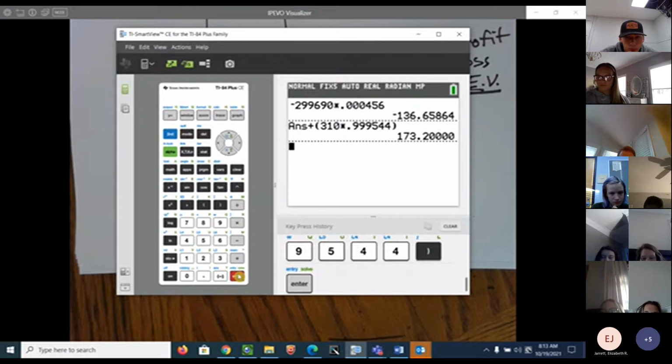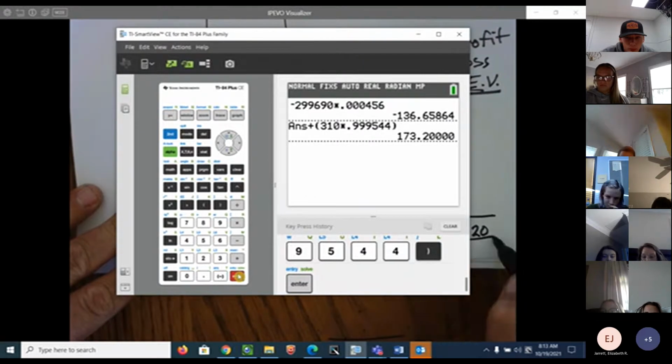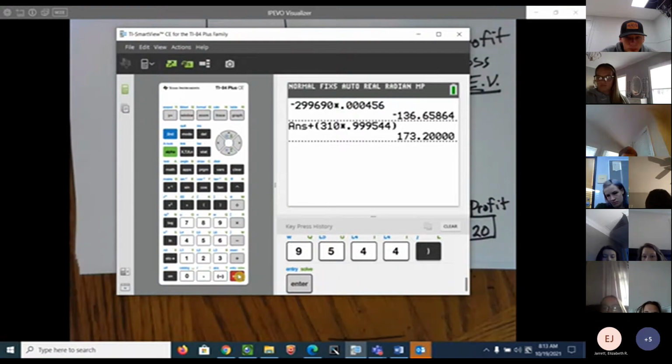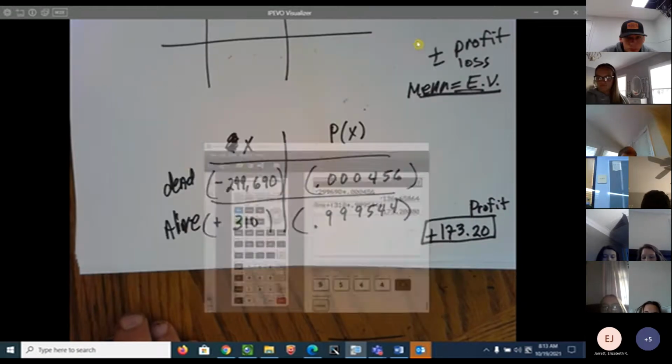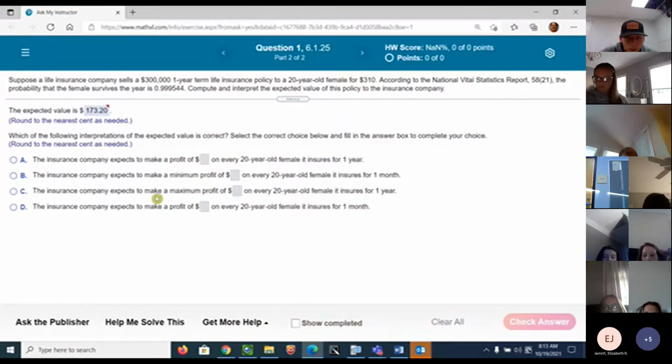Positive, so that means a profit. So positive 173.20. Therefore, the insurance company is making a profit. Okay, 173.20, that's the answer.